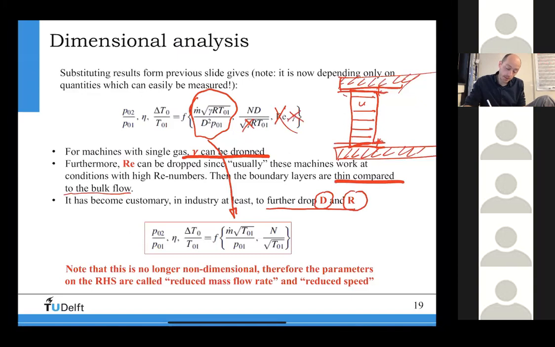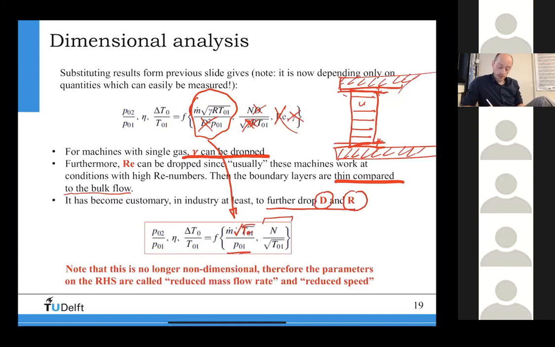If you drop R and the diameter, you will end up with these equations here. Then you have a mass flow multiplied with the square root of T01, the total stagnation temperature, divided by the stagnation pressure. This is the mass flow, and then you have a rotational speed, which is N divided by the square root of the stagnation temperature.